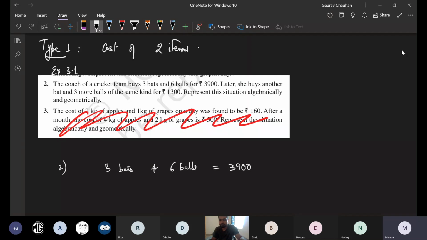Then 1 bat plus 3 balls equals 1,300, sir. Okay.